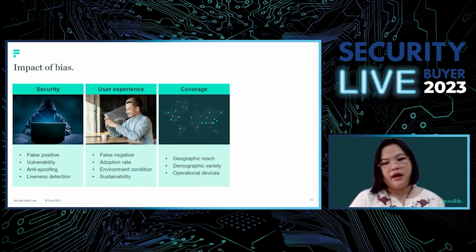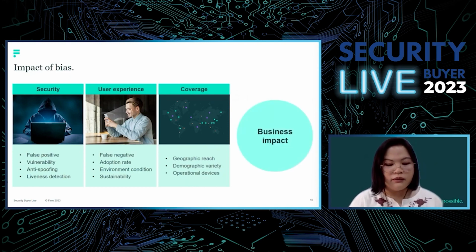All these parts really bring business impact, not only to the biometric solution providers, but also to the parties selecting biometrics as the solution they want to use. It will impact how successful your usage of biometrics is.